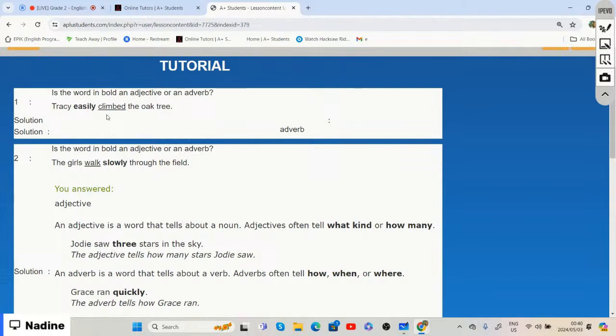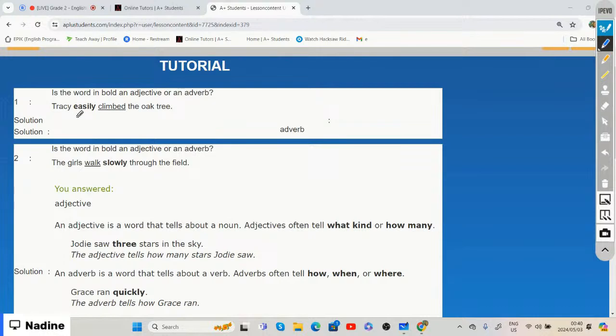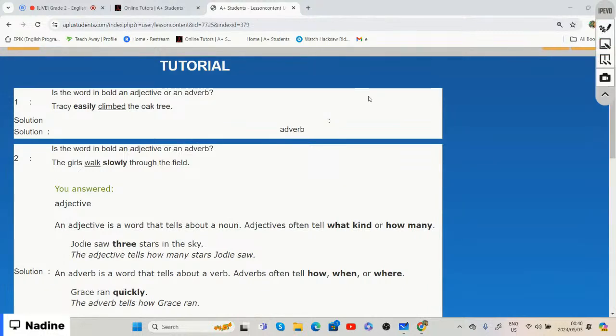So easily, is that an adjective or an adverb? So we will say that easily is an adverb, right? Because it's telling us about the verb climbed.